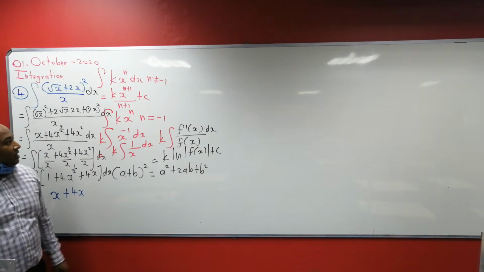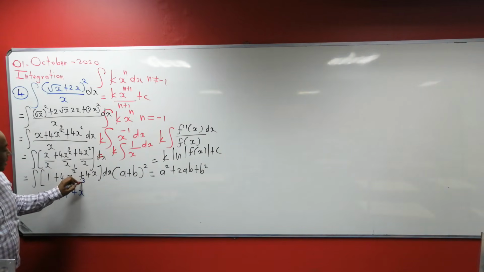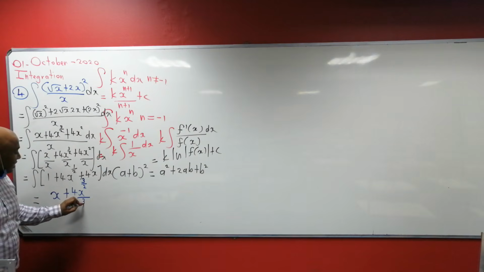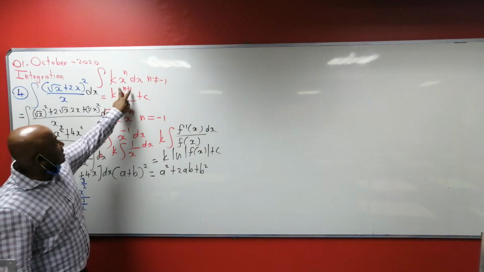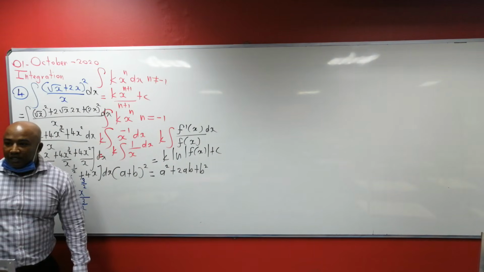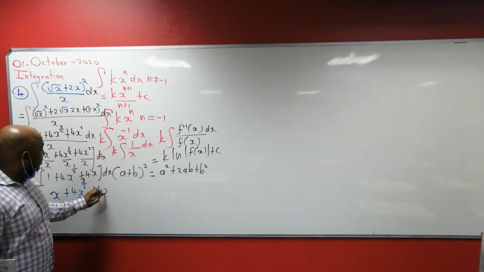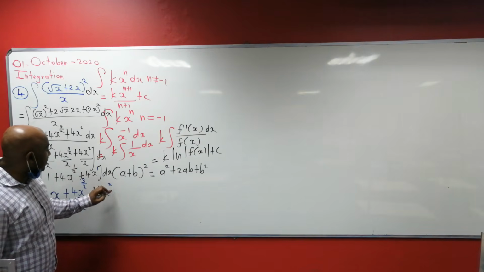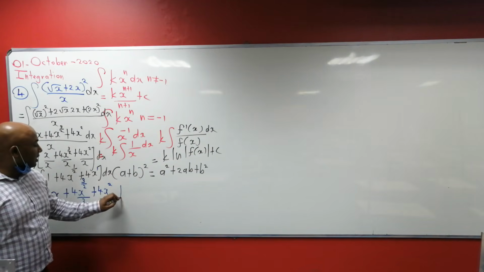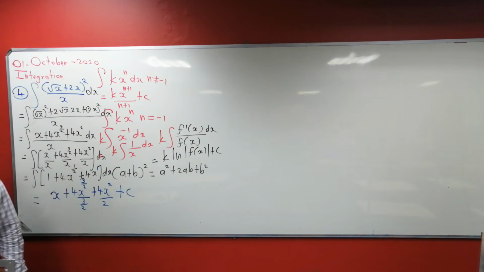It's going to be n plus 1. Half plus 1 is going to be 3 over 2, all divided by 3 over 2. Whatever you get here, you copy it in the denominator. Here we got plus 4x to the power 1. 1 plus 1 will be 2 over 2, and then we got plus c.